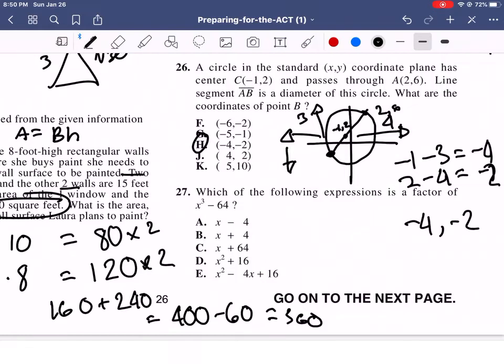Which of the following expressions is a factor of... Okay, so this is when the complicated stuff gets into place, but just know that whenever it's x cubed minus something and it's a perfect cube, all the factors are negative. Like x minus the cube root of 64 is 4, because 4 times 4 is 16, 16 times 4 is 64.